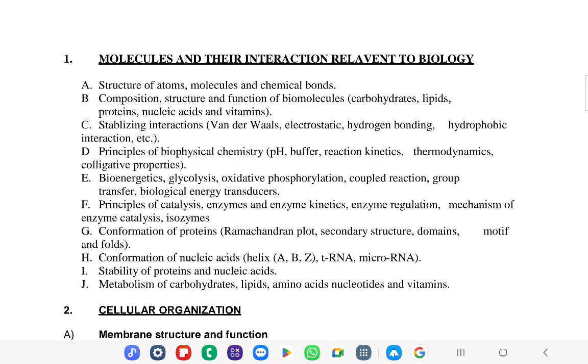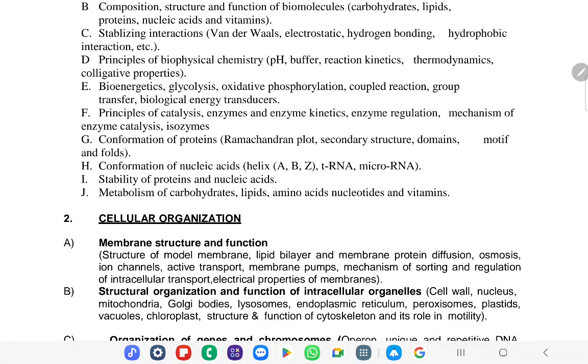Principles of catalysis, enzymes, enzyme kinetics, enzyme regulation, mechanism of enzyme catalysis, isozymes. Conformation of proteins, Ramachandran plot, secondary structure and their domains, motifs and their folds. Conformation of nucleic acids: there are three types of nucleic acids, important nucleic acid helix models A, B, and Z, tRNA, microRNAs.